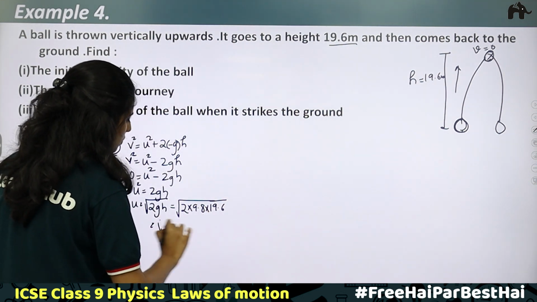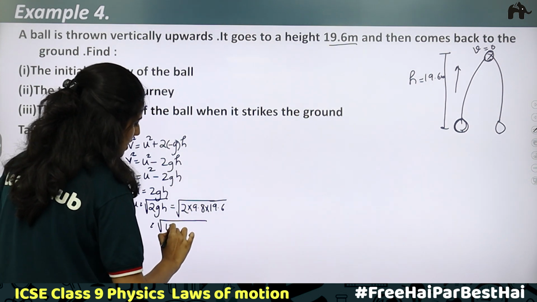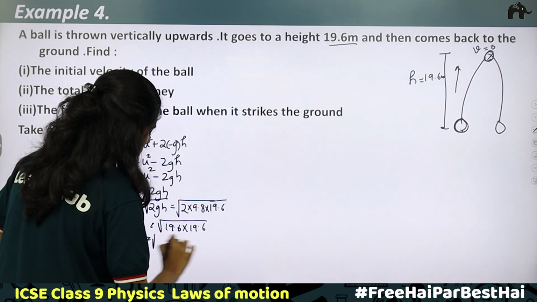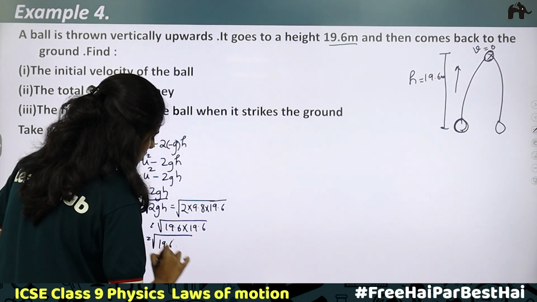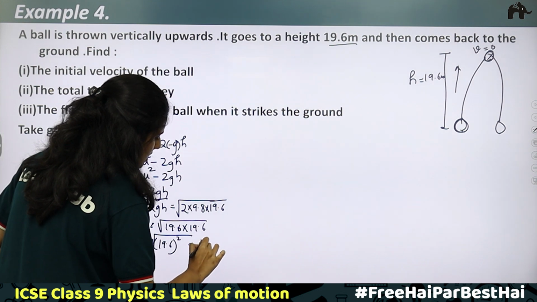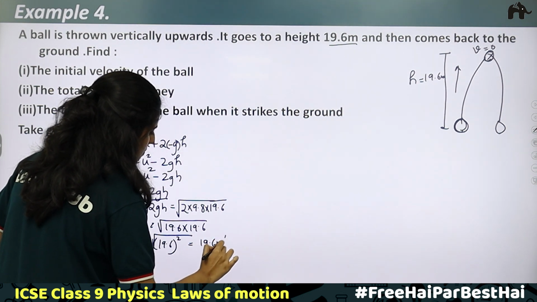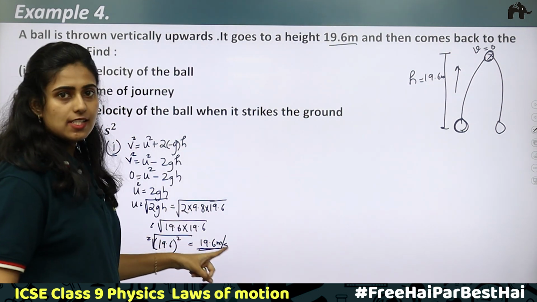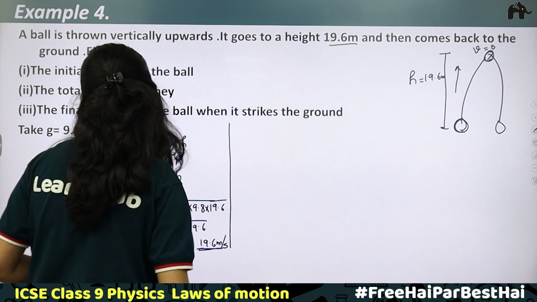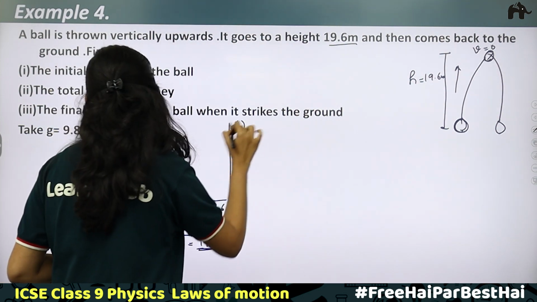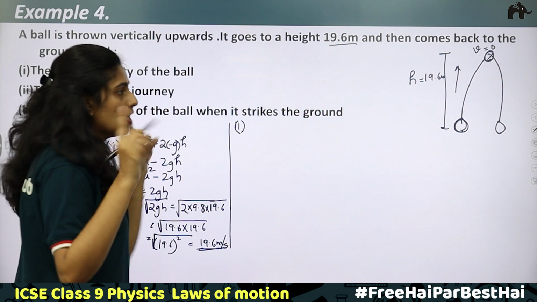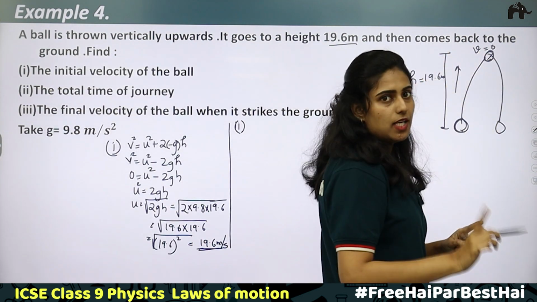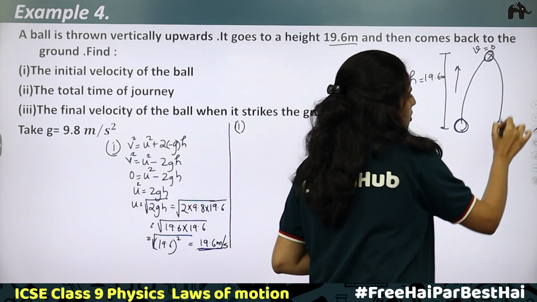So this is equal to root of 2 into 9.8, which is 19.6, into 19.6. That is equal to root of 19.6 whole square, which is 19.6 meter per second. So u is equal to 19.6 meter per second. Now the second part of the question, we have to find the total time of journey. Total time of journey is the time taken to reach from this point to this point plus the time taken to reach from this point to this point.